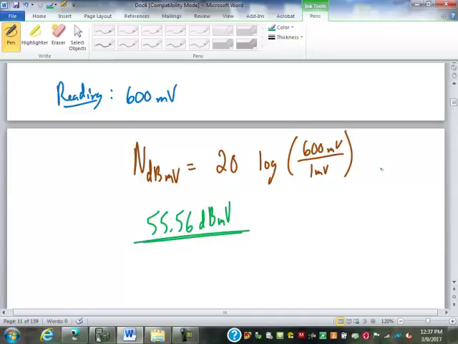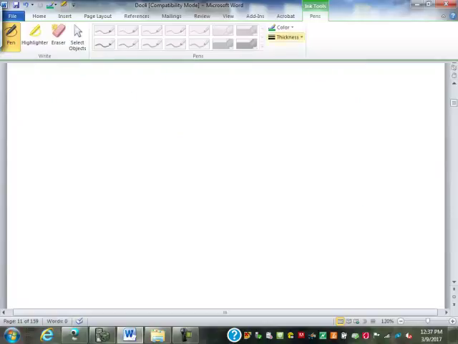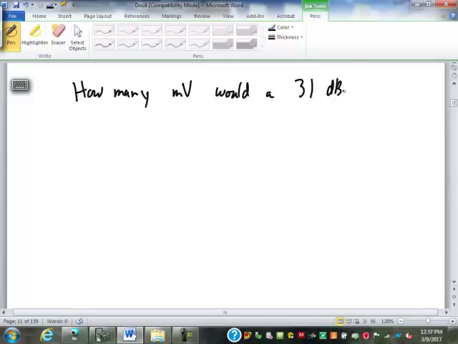For example, let's just look at going the other way. How many millivolts would a 31 dBmV signal equate to?